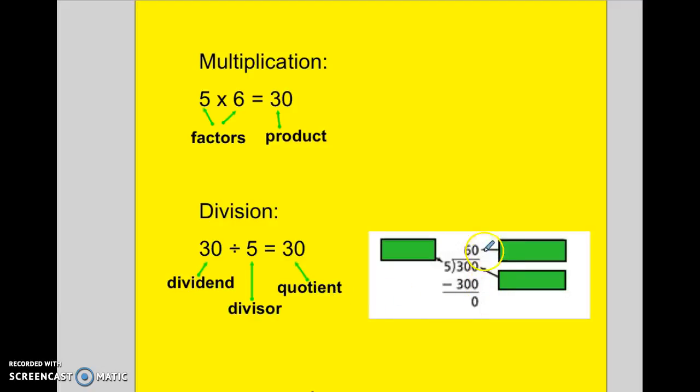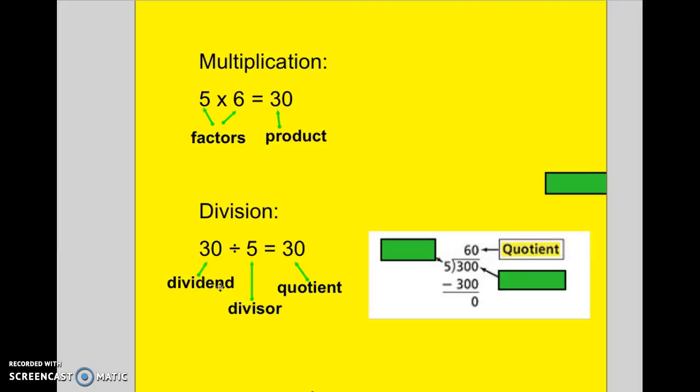So let's look at this example. Different setup for the same type of division problem. And we have to decide, okay, which one is the dividend, which one is the divisor, and which one is the quotient. Well, again, the quotient is the answer, so that's the easy one. We know right off the bat that this one right here is the quotient. So the hard one is figuring out which one is the dividend and which one is the divisor.